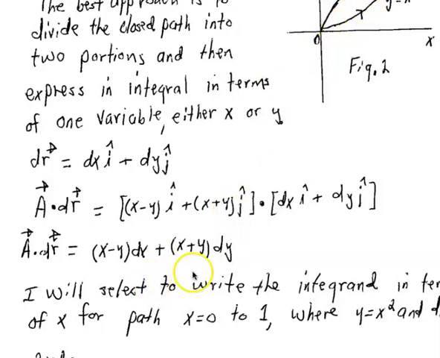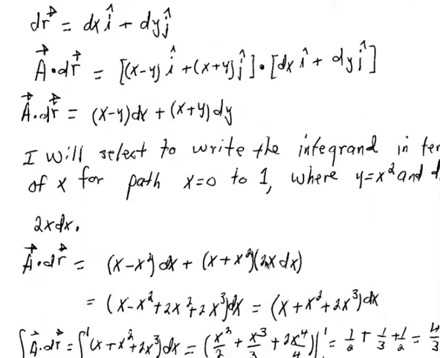What I'm going to do is, everywhere that I have an x or y, substitute for the other. Now, I will choose to substitute for y and perform this integral in terms of x.